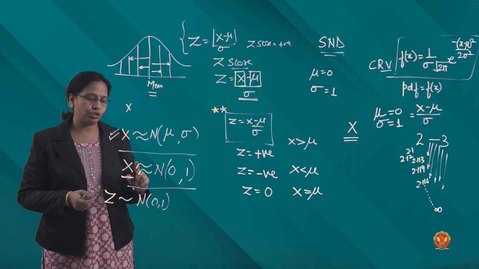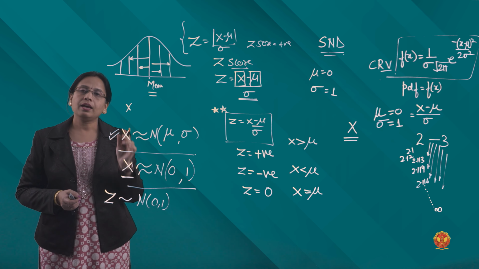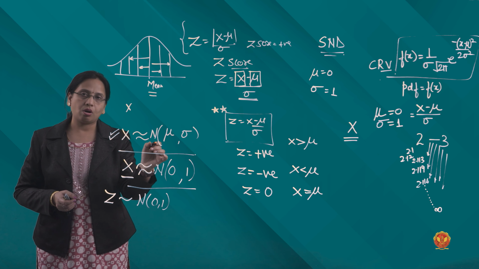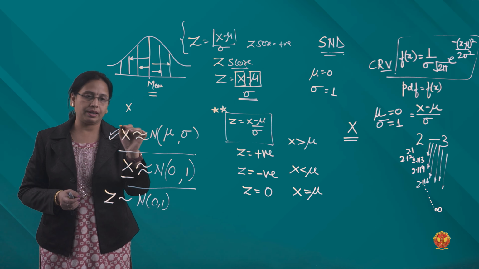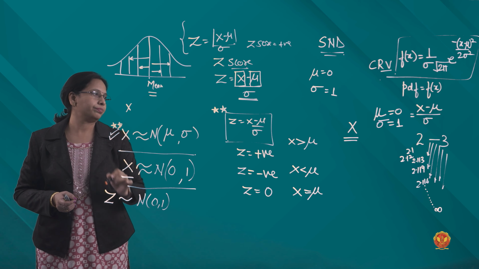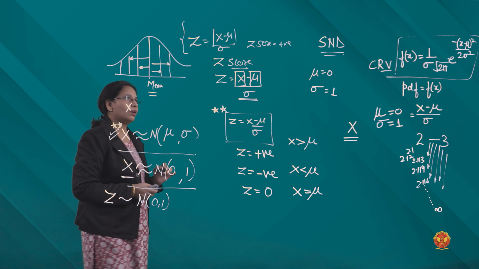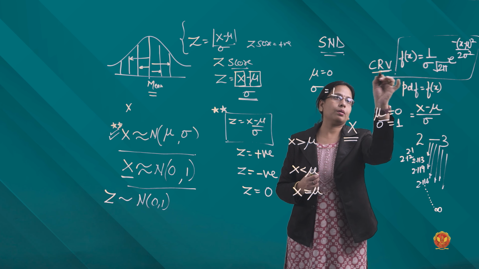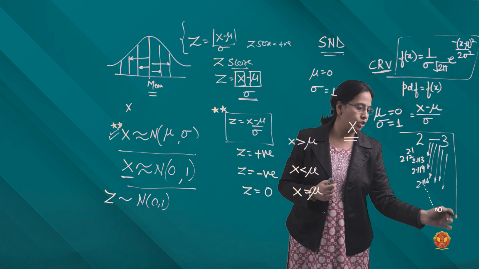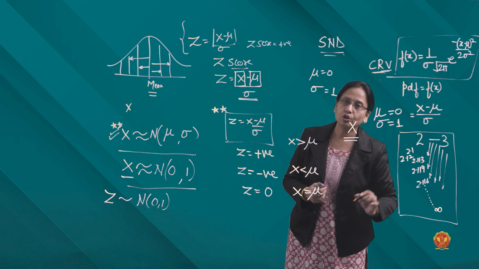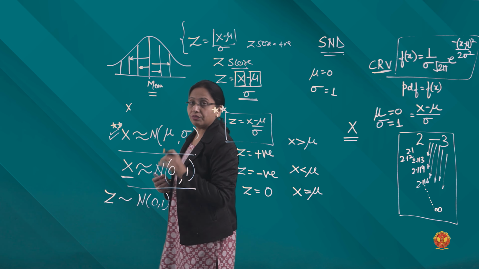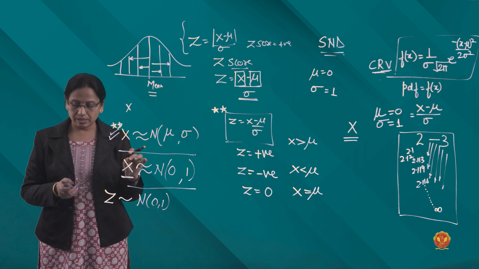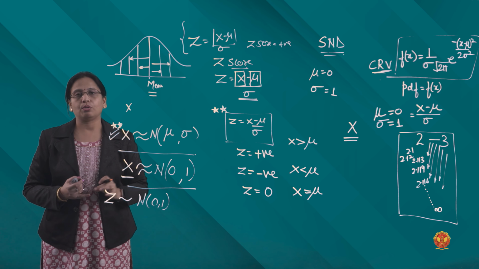Point 2, the representation, when we say there is a continuous random variable x distributed normally with mean mu and standard deviation sigma. The third important point is to always keep in mind that a continuous random variable is a variable which takes infinite values within any interval. So, keeping these three important points, let us move ahead with the formula concept.